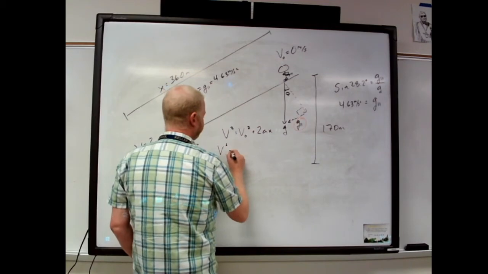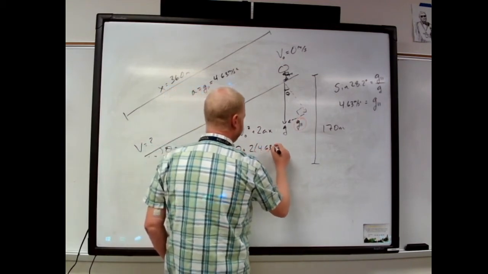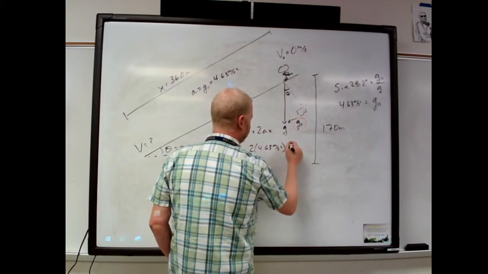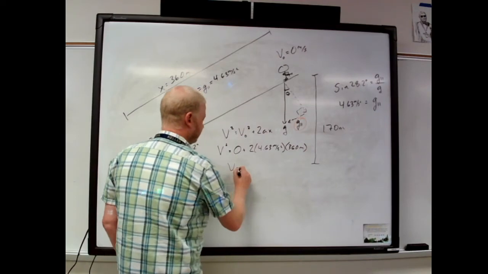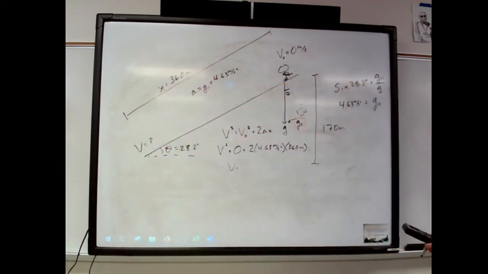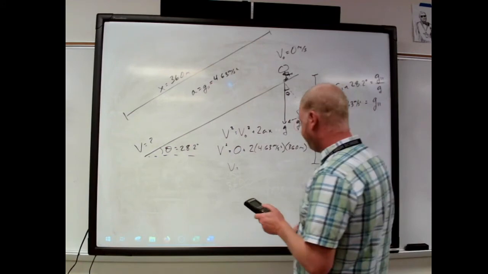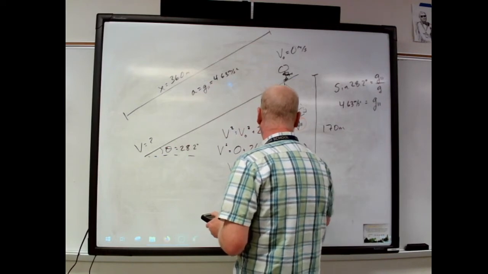Where our unknown v is equal to the square root of 0 plus 2 times 4.63 meters per second squared times 360 meters. So you solve that out. So 4.63 times 2 times 360, take the square root, and we get 57.7 meters per second.